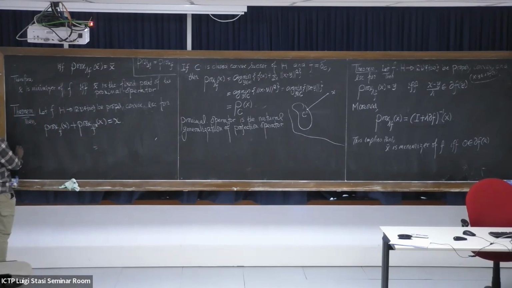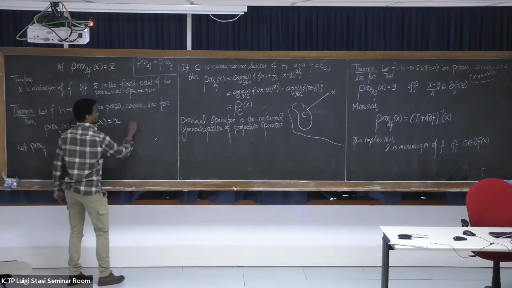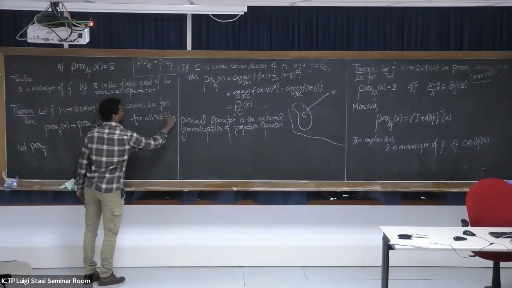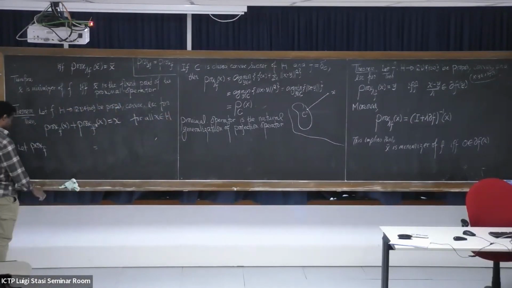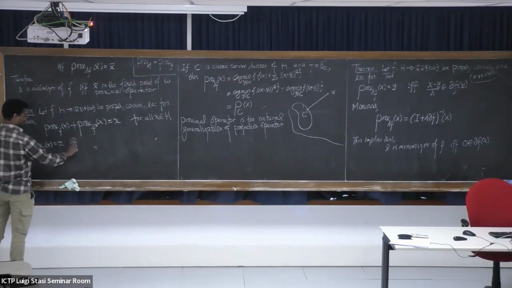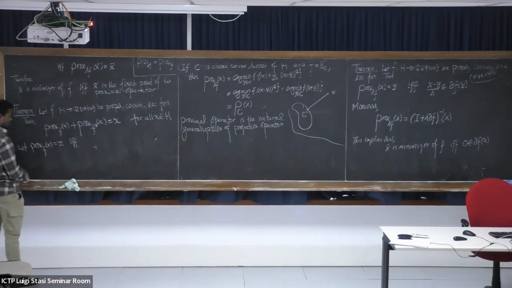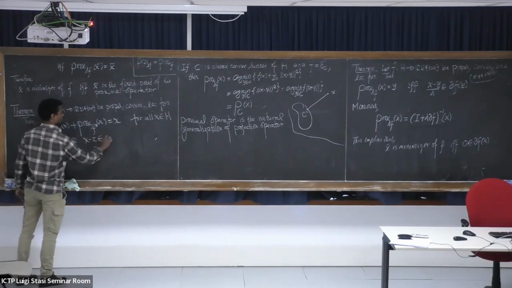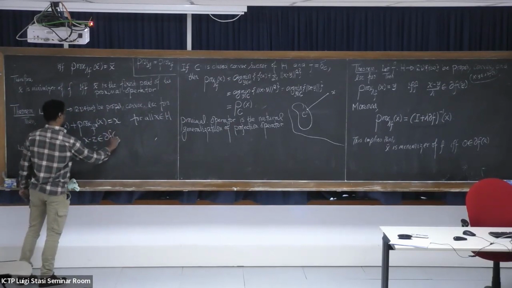This is simple. If we let the proximal of f at x be z, then by one of our theorems, x minus z is an element of the subdifferential of f at z.